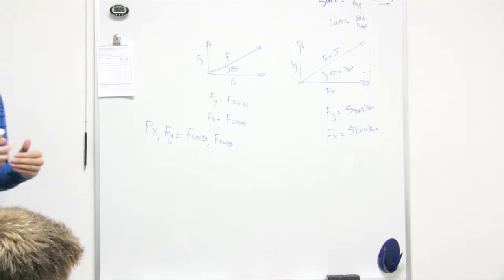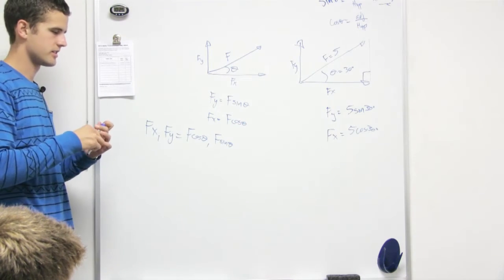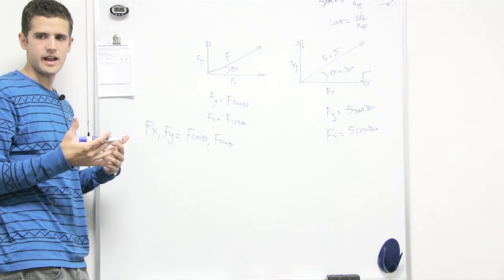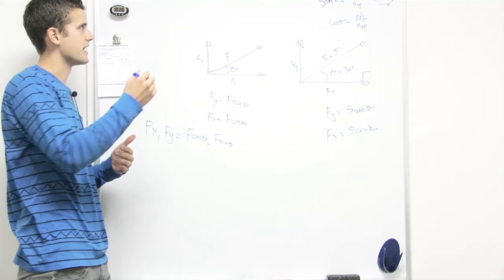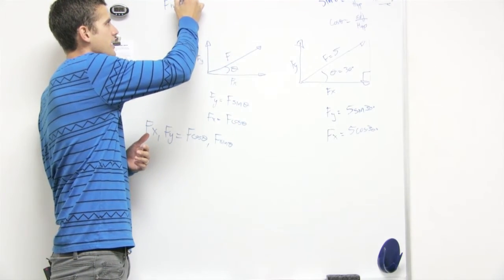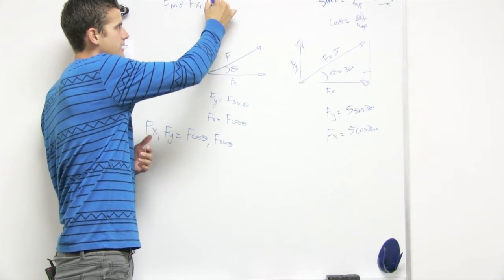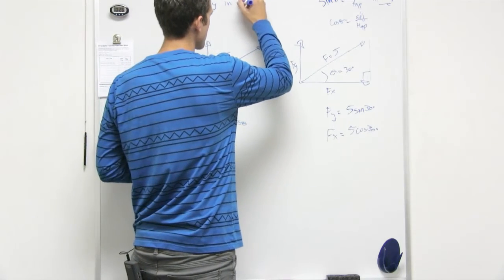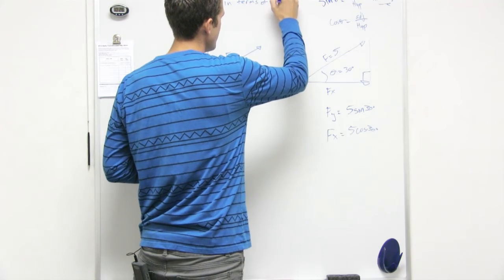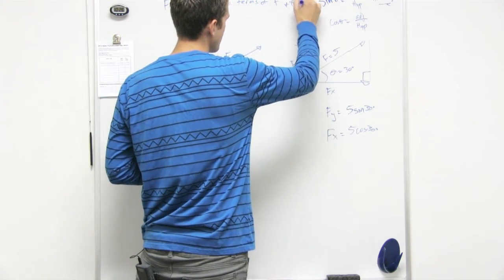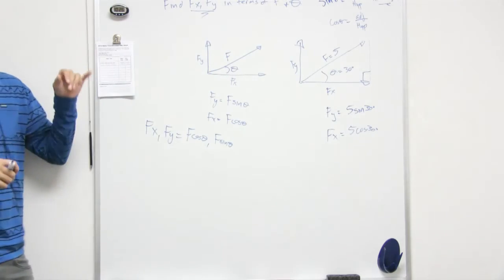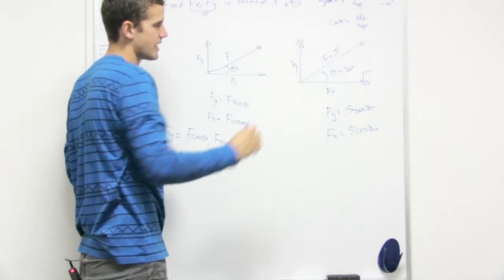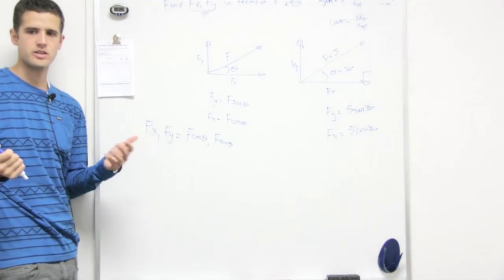The way those problems are worded is they'll say you have a vector with length F and angle theta, then say find Fx and Fy. Those are the things you don't know. And then it'll say in terms of F and theta. Those are the things you do know. When it says find something, you know you don't have it. When it says in terms of, those are things that, even though they're still symbols, are given to you.